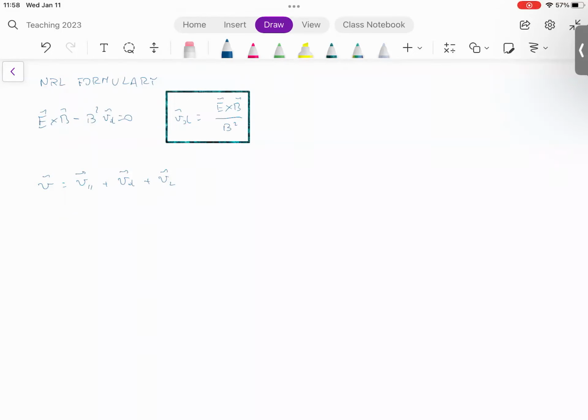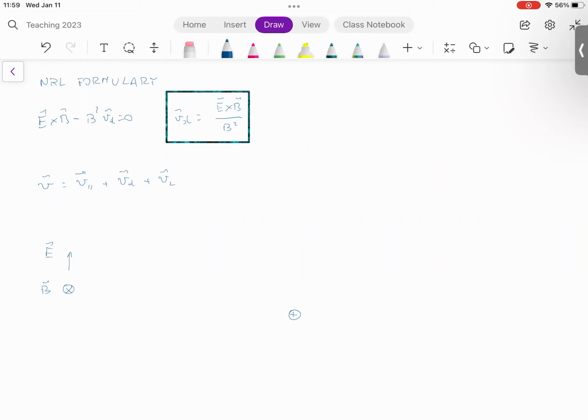So let's consider a positive charge, an ion, and let's assume that the magnetic field goes down into the page, and the electric field points this way, up the page.